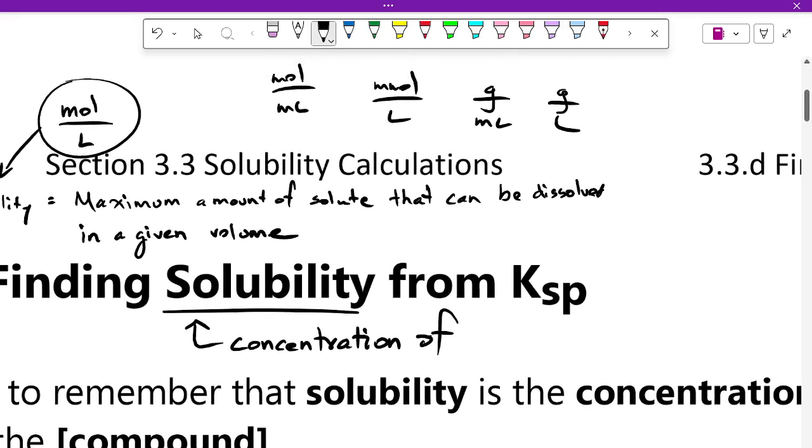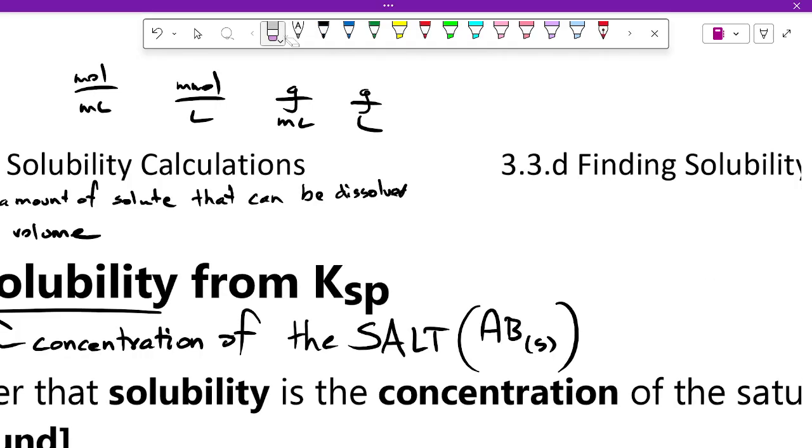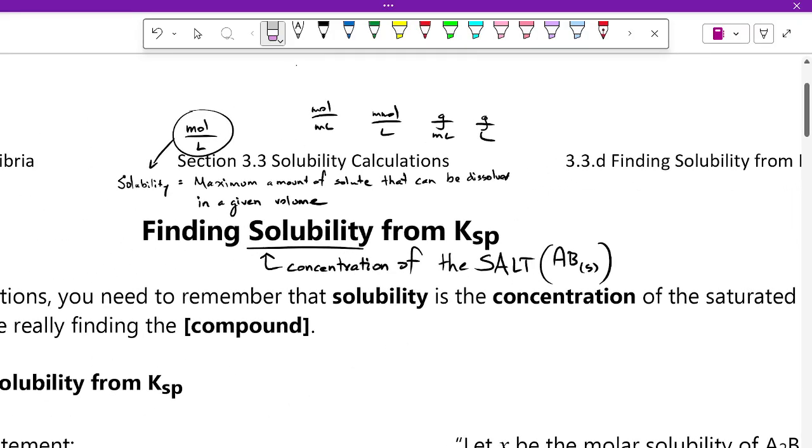And we are finding the concentration of the salt, AB solid, or A2B or whatever. So we are finding the concentration of the compound.